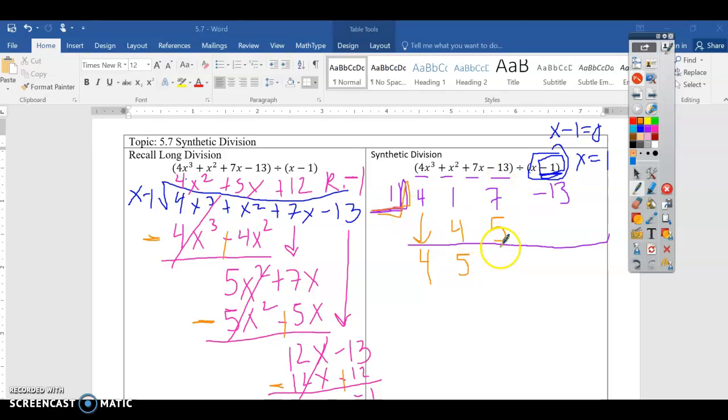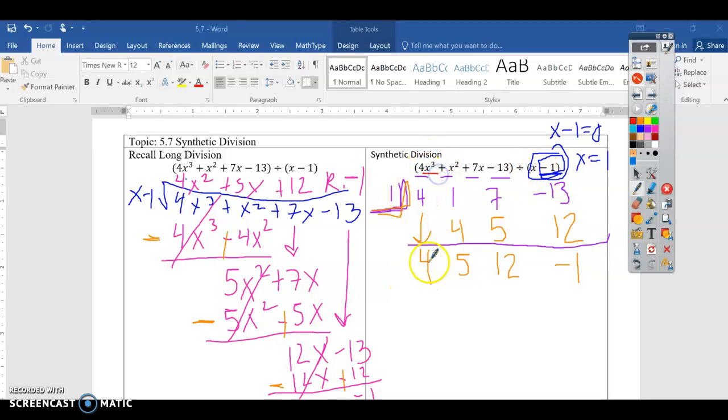You're going to just combine your like terms. 7 and 5 is 12. 1 times 12 is 12. Negative 13, and this is a positive 12, so this is negative 1. So when you rewrite your polynomial, this is the first term. And since we're basically taking out an x, this is going to be 1 less.